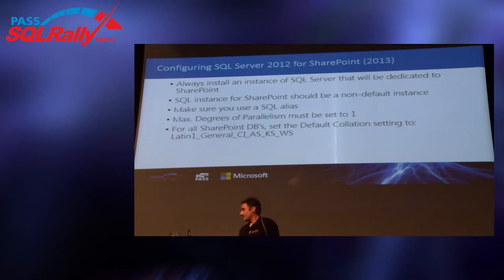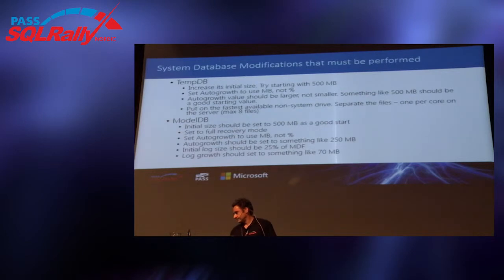So make sure that the model DB is the way you want it, and when SharePoint creates a database, it will use the model DB. You need to do some modification to the system databases: the initial size, the auto growth, and also the model DB, as I suggested before. So you need to take care of that also.